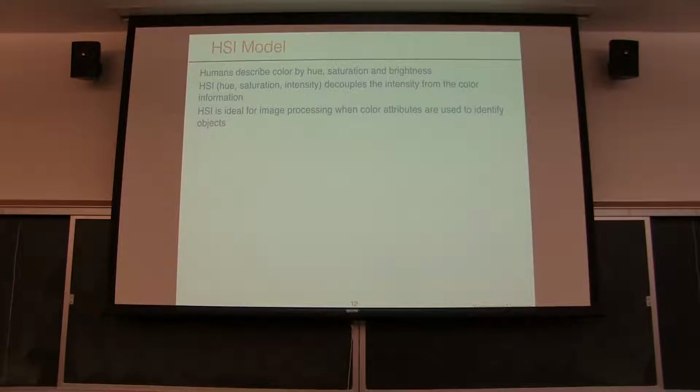So now I'm not paying attention to how I perceive that intensity. I don't care about that. But I'm going to extract out the color in a way that I can reason about what the hue is and what the saturation is. Because hue and saturation have powerful distinguishing properties, it's useful for computer vision.